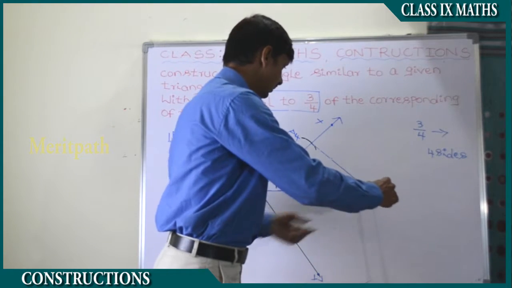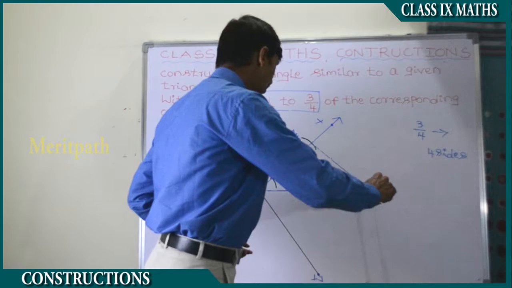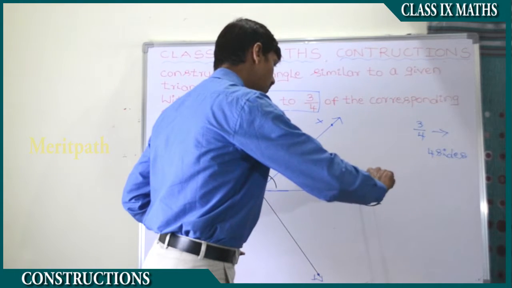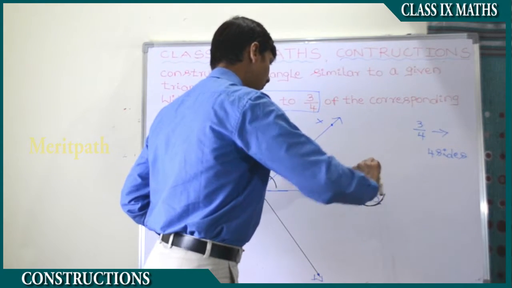Using point B, let's draw an arc on AB, and also outside of it.